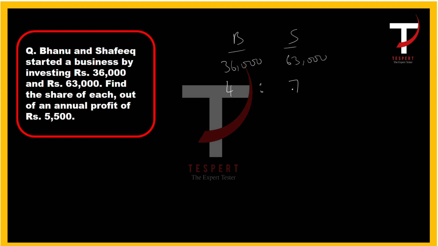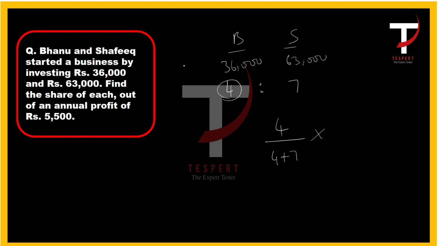So how can we calculate the share of Banu? So Banu, 4 by total parts, 4 plus 7, into, what is the total? 5500 is the annual profit, right?